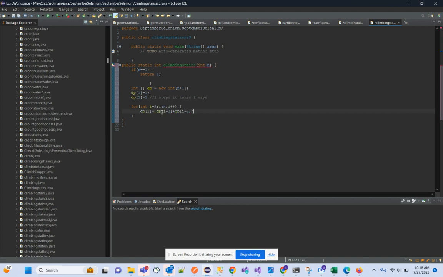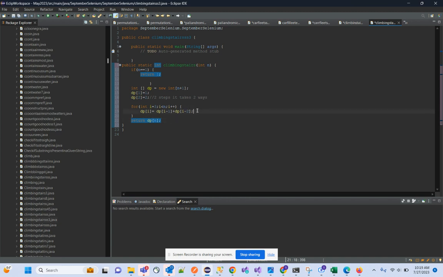So we are just storing those values in our dp array, and we are just going back and getting those values and adding them so that we can get the number of ways to reach the targeted step. And then we have to return dp of n, how many ways there are to reach our targeted step.